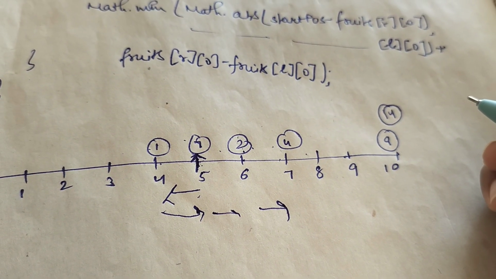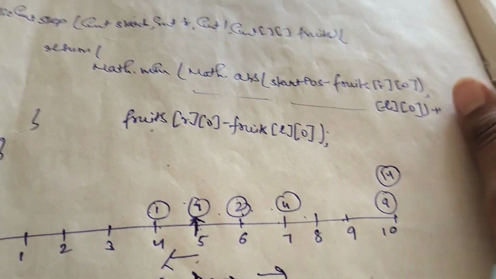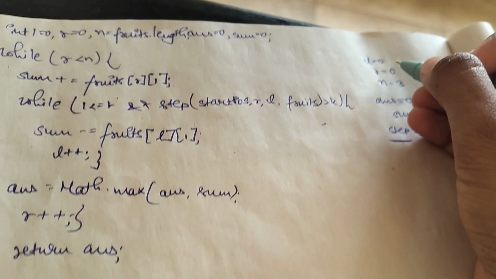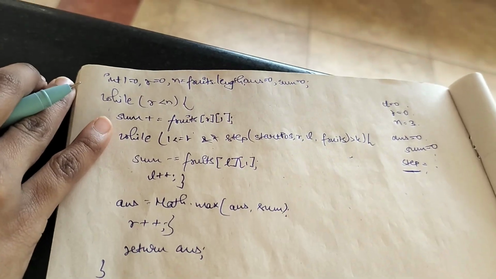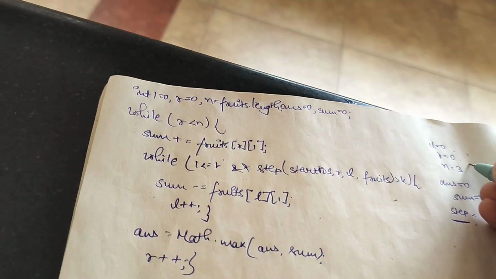So what we are going to do is, here is the code, and I took the variables L, R, N, answer, sum, and one more function we are going to make to check. First of all, my left is 0, right is 0.